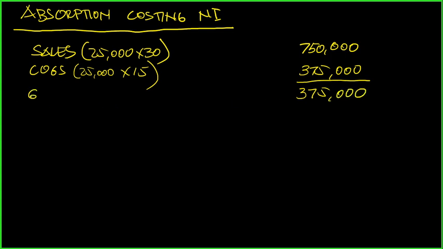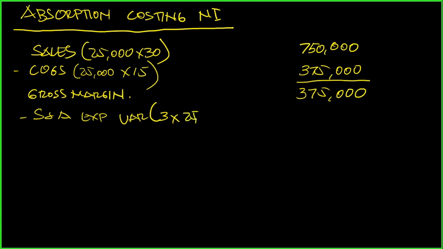This is known as your gross margin. From your gross margin, you deduct your expenses. You have the fixed and variable selling and administrative expenses. Let's start with the variable. It's 3 times 25,000 units sold, which will be 75.